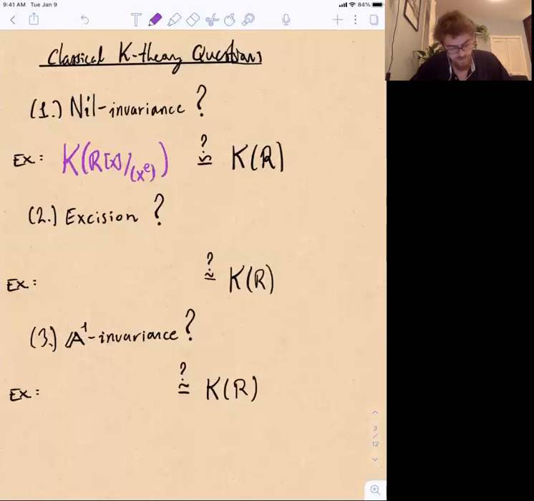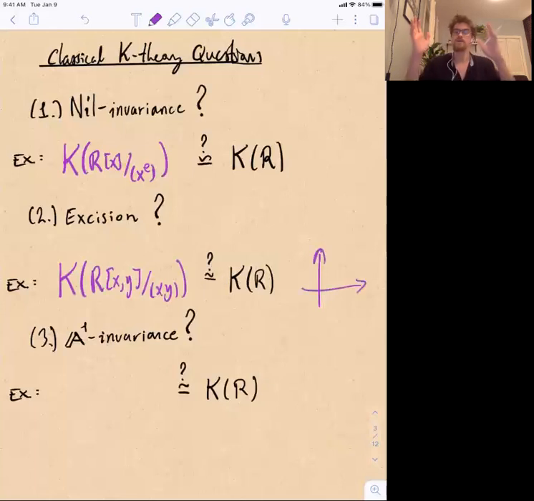This could be exemplified by asking whether or not the K-theory of the coordinate axes in the plane is the same as the K-theory of just the base point. Geometrically, thinking of these two axes, since they are topologically contractible, you might hope that K-theory doesn't see any difference here.